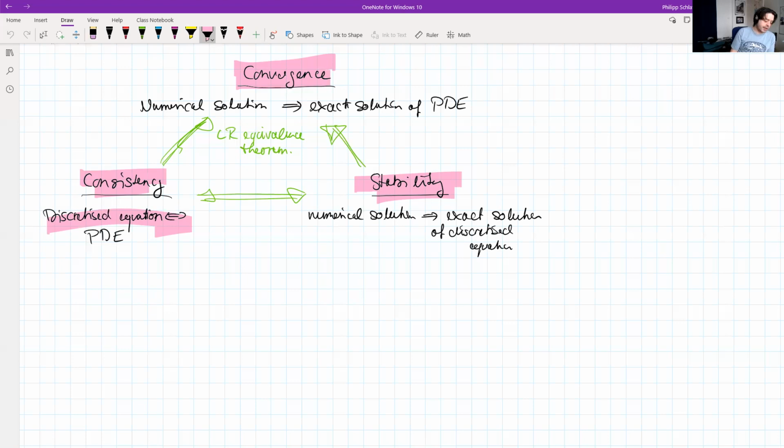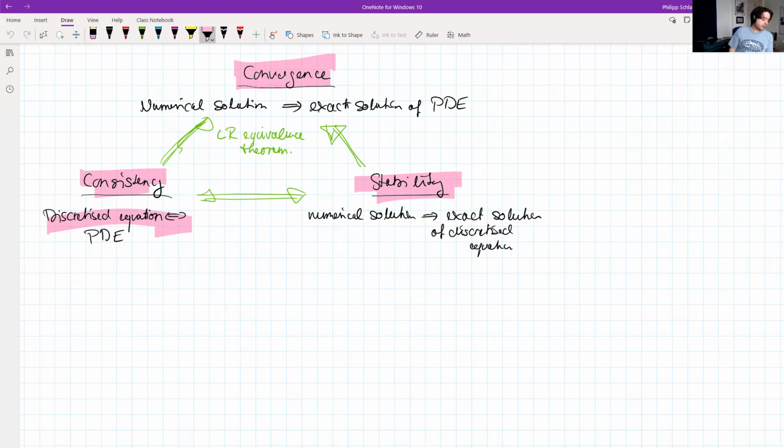And then the third point here, stability, means that my numerical solution approaches the exact solution of the discretized equation. And of course, that is only possible if I don't have a blow up in my iteration. That means in particular that all the errors that I have while solving the equation, errors that I get from truncation, errors that I get from round off, so that I don't have exact arithmetic, do not grow and destroy my solution.